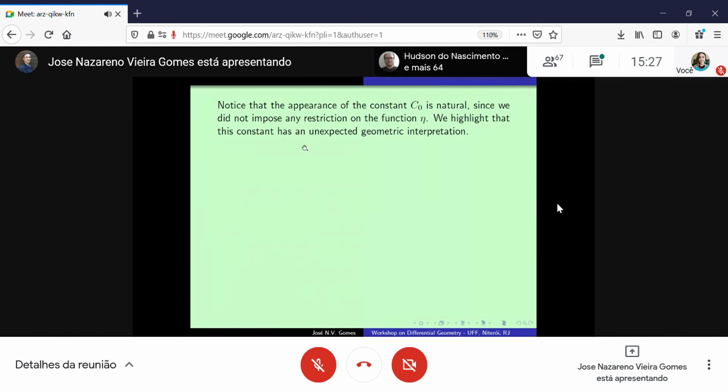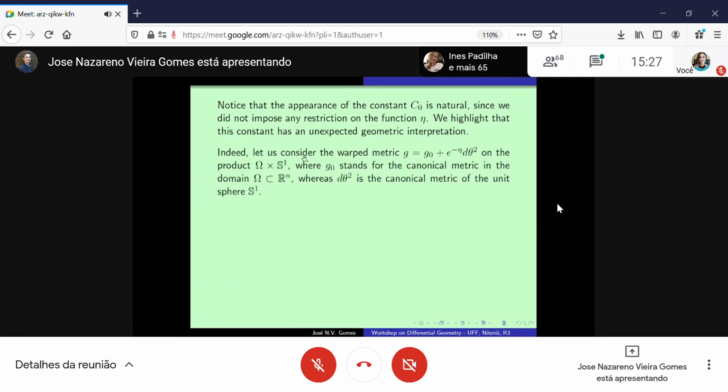We highlight that this constant has an unexpected geometric interpretation. Indeed, let us consider the warped metric g equal to g0 plus this term on the product omega cross S1, where g0 stands for the canonical metric on omega, whereas this part is the canonical metric of the unit sphere.